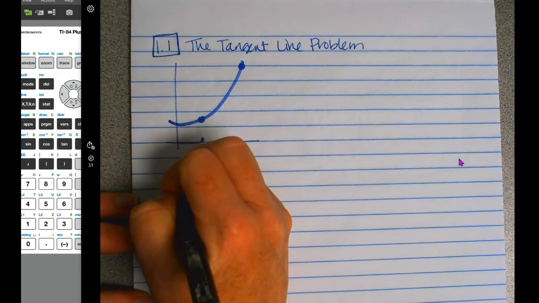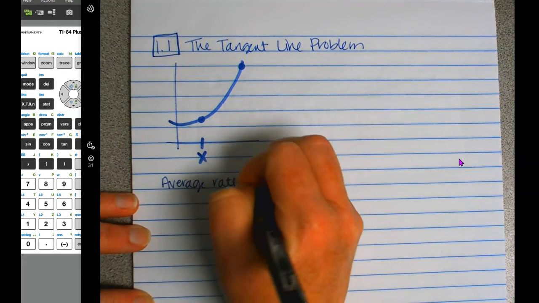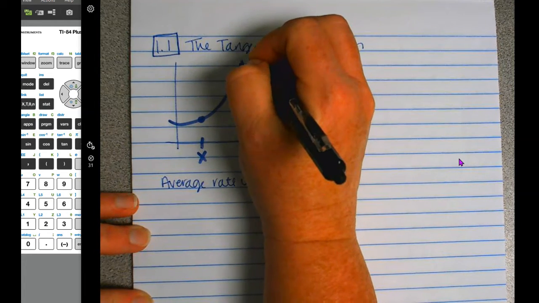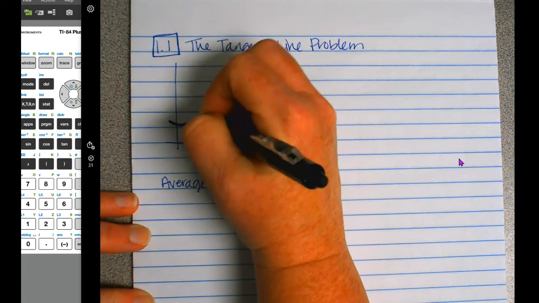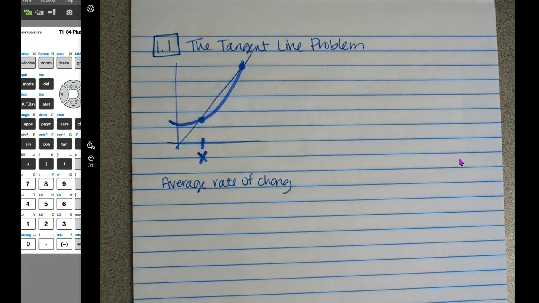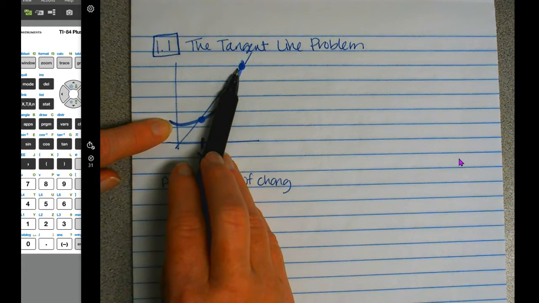So average rate of change is what we know how to do right now. If I drew this line here between these 2 points, I would be finding the average rate of change. So you can imagine that if we started here and we're driving a car and then we speed up, it would sort of look like this.